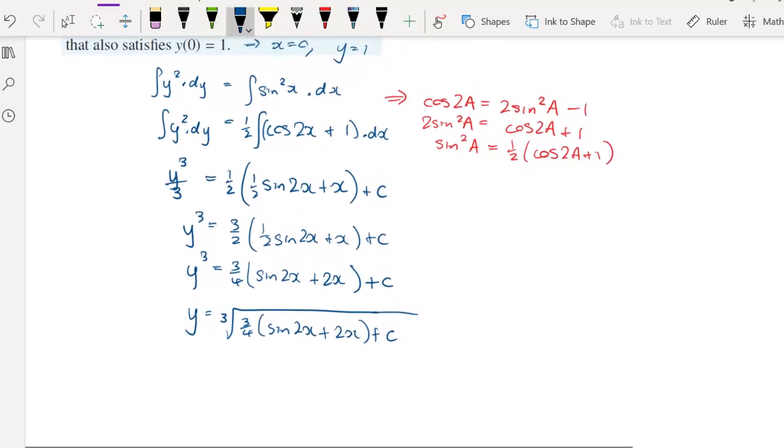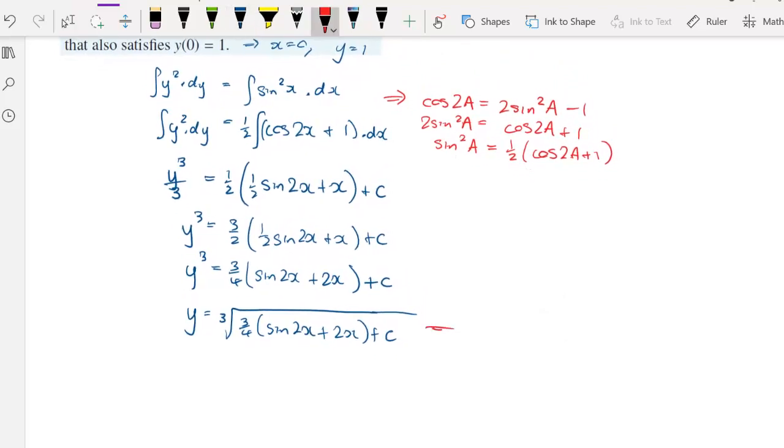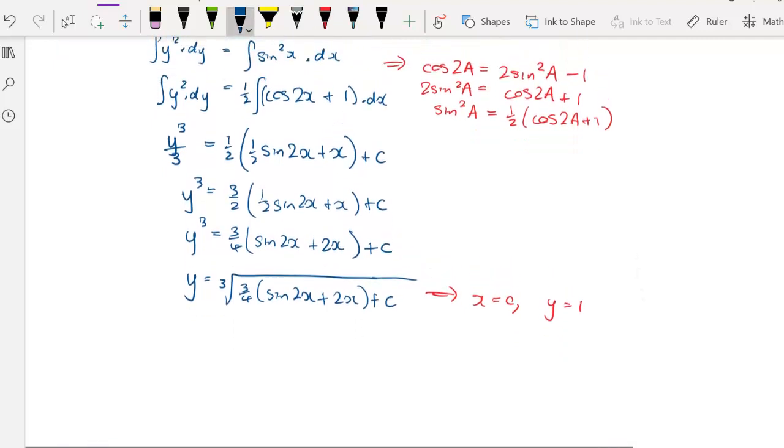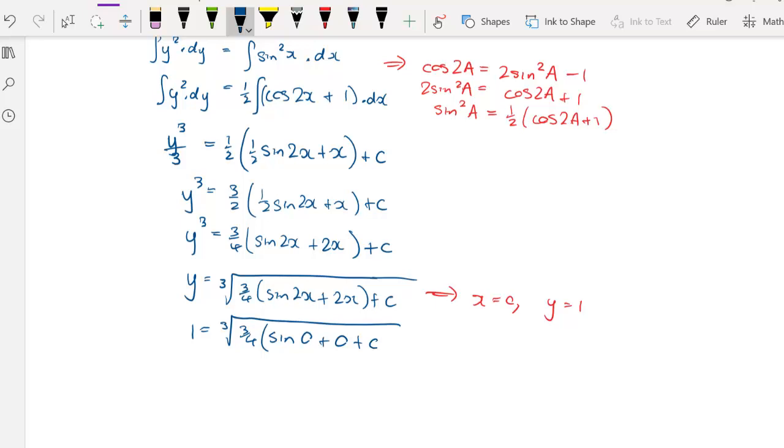At this point, this is where we can use x equals 0 and y is equal to 1. Now we could have done that earlier on as well, and it may have made the values a little bit nicer, but we'll still do it at this point. So we have 1 is equal to cube root of 3 on 4, and we've got sine 0 plus c.